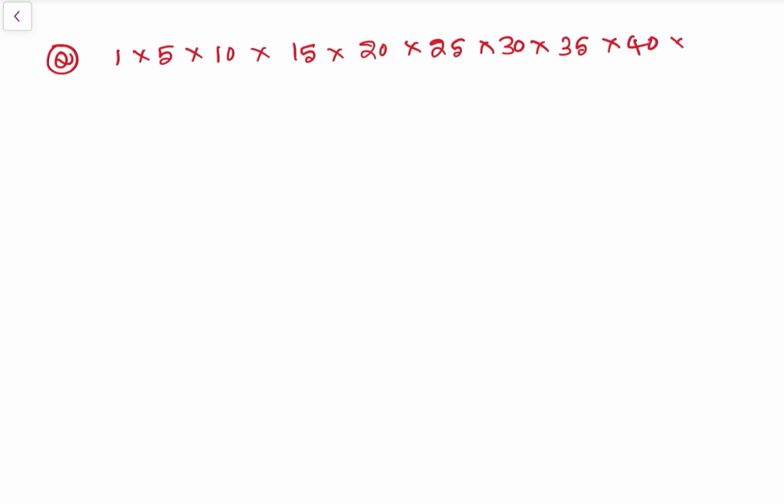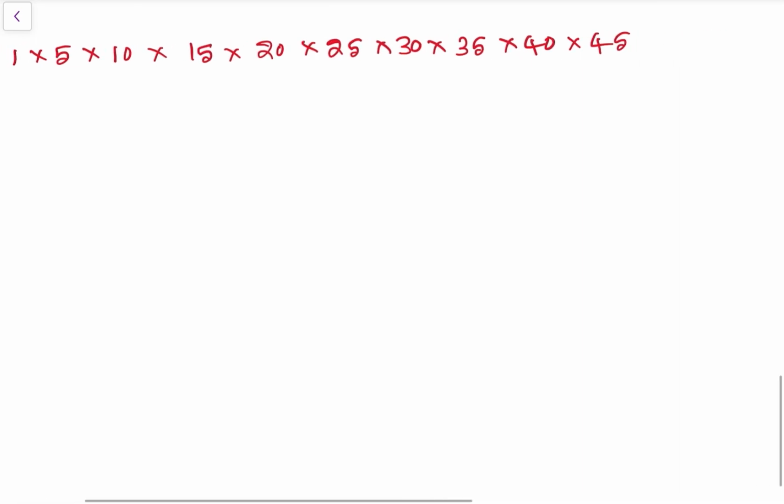So question is how many zeros are there at the end of the following product, that is product is 1 into 5 into 10 into 15 into 20 into 25 into 30 into 35 into 40 into 45 into 50 into 55 into 60.